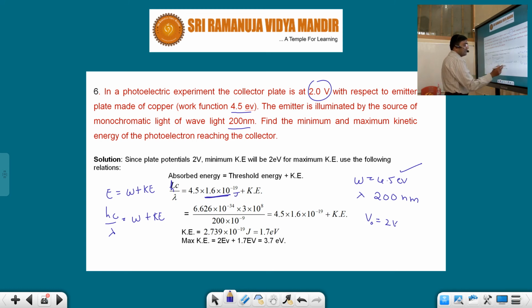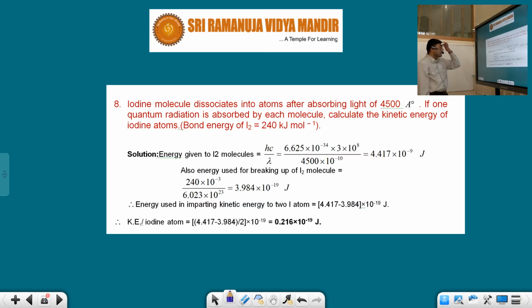So substitute all the values, and you will get the kinetic energy. How much? 1.7 electron volts. This 1.7 electron volts you got by applying retarding potential 2.0. So what will the maximum kinetic energy be? Add the 2.0 also, and you will get 3.7 electron volts. So I hope you are very clear about this.